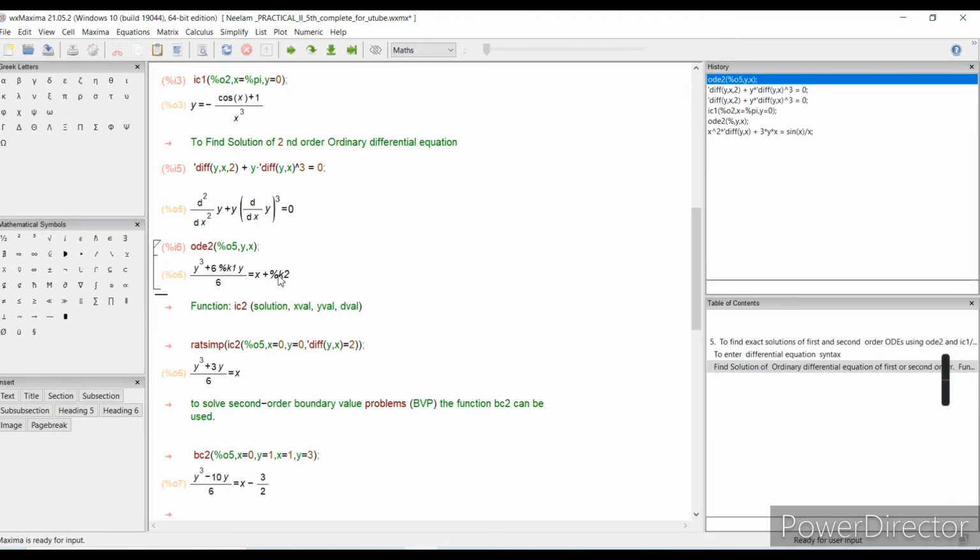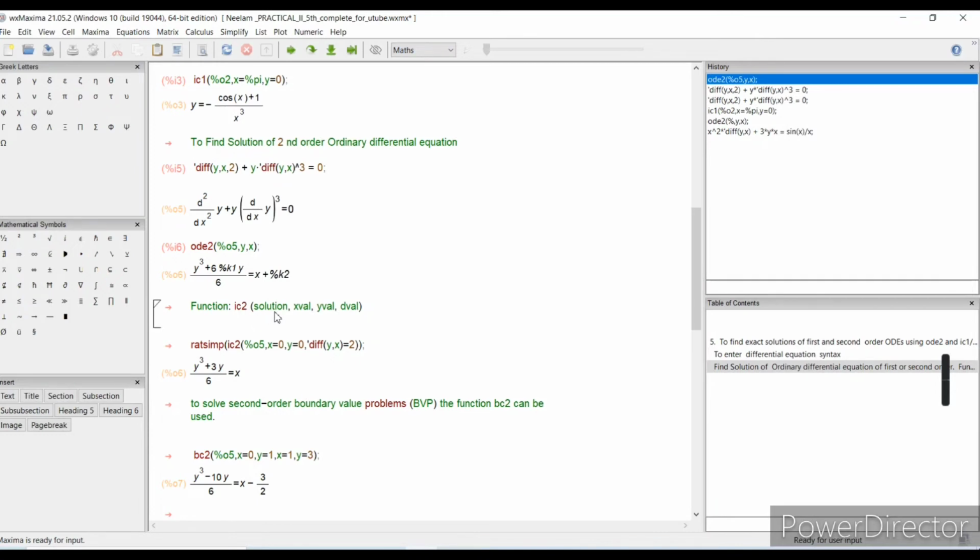Now to find these constants using the initial conditions, there is an inbuilt function ic2. If you want to find one constant, that is for a first order differential equation, you will use ic1, and to find two constants you will use the inbuilt function ic2.